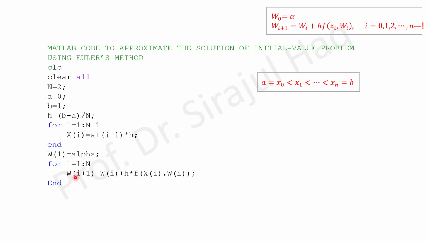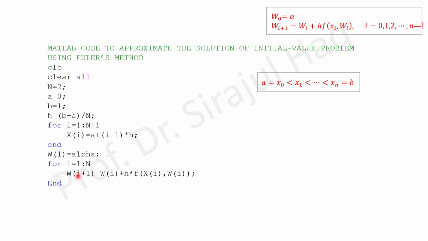When i is equal to 2, this will be w3, you need w2. w2 you have computed when i was equal to 1. Now h is common, f of x2 is coming from here, and w2 you computed at the previous stage. And this process will continue until i is equal to n, wn plus 1. I told you I started from x1, so this will be xn plus 1.